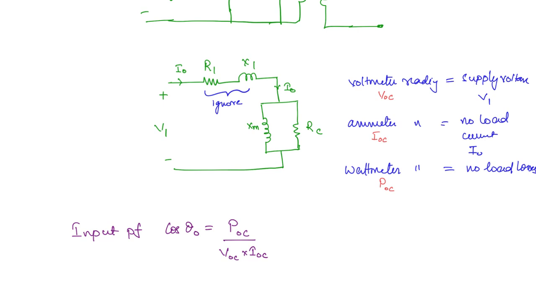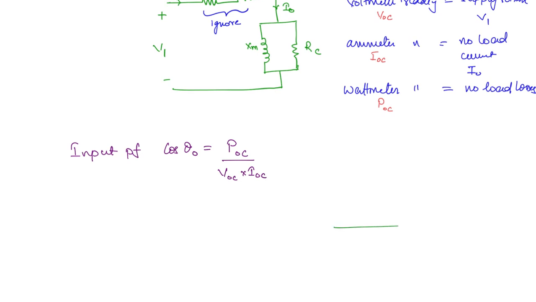Now once you know the power factor, you can easily find out the impedance, which is nothing but these shunt parameters. From the phasor diagram, if you remember, this is the voltage, then this will be the core loss current IC, and this is going to be the magnetizing current, and the no load current is going to be I naught. Now we found out this theta naught.